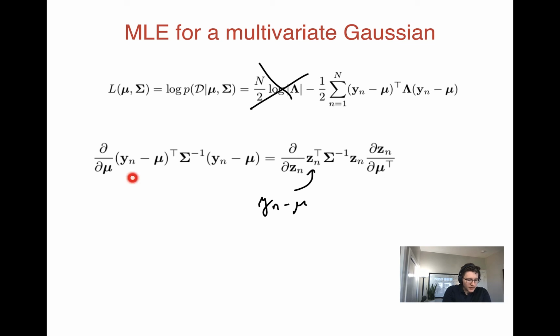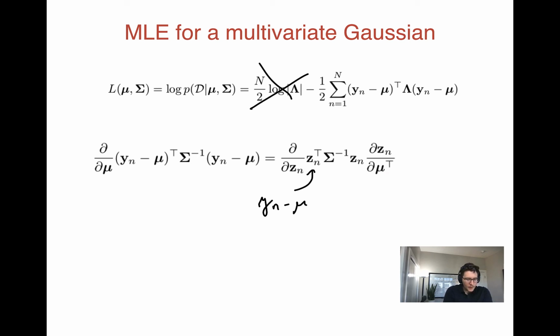So we can simplify this expression to be Zn sigma inverse Zn. And we're doing the chain rule because first we're going to take the derivative with respect to Zn, and then the derivative of Zn with respect to mu.